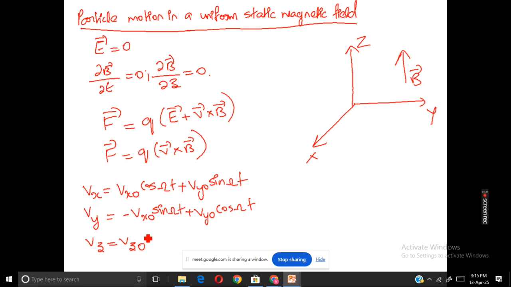So these are the different components of the velocity Vx, Vy, and Vz. We will find the trajectory of the particle.